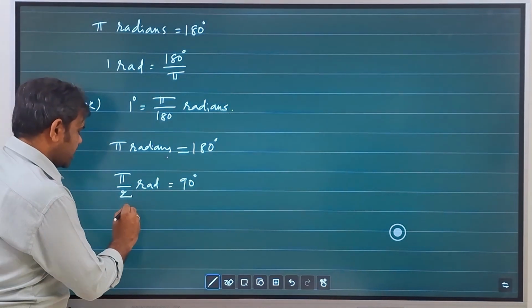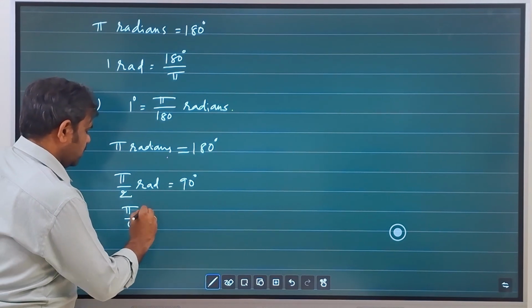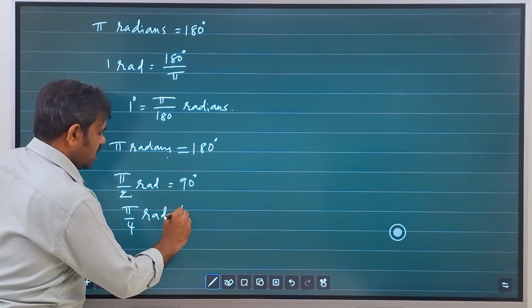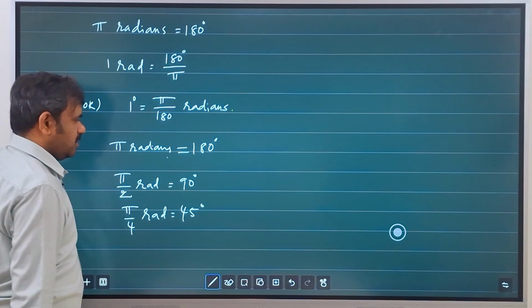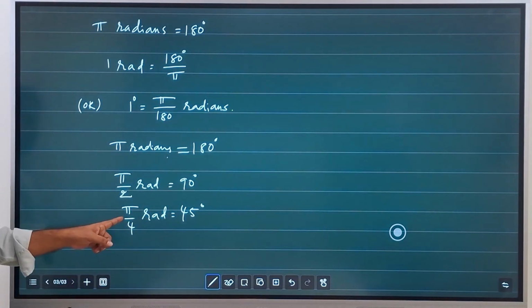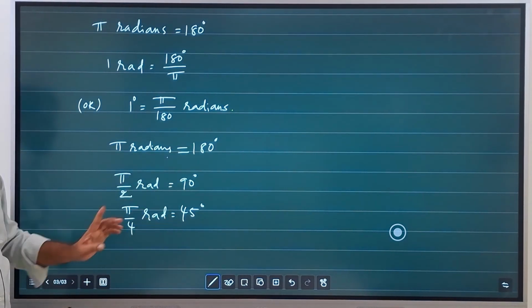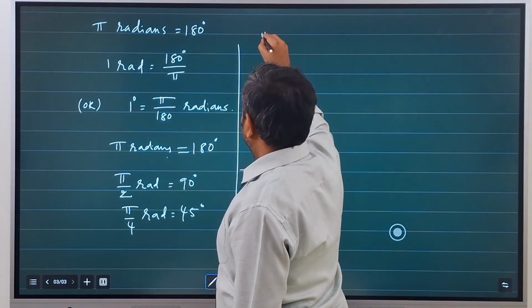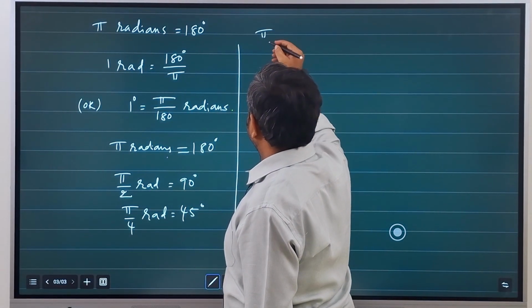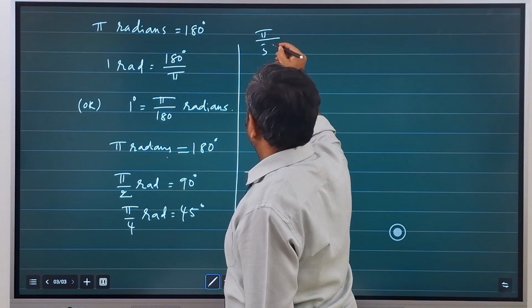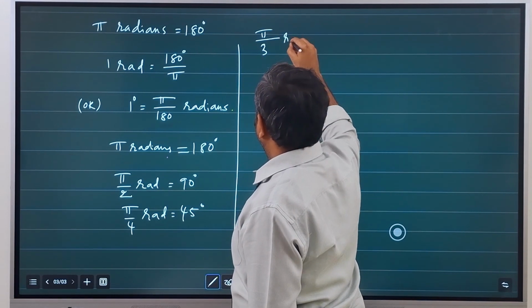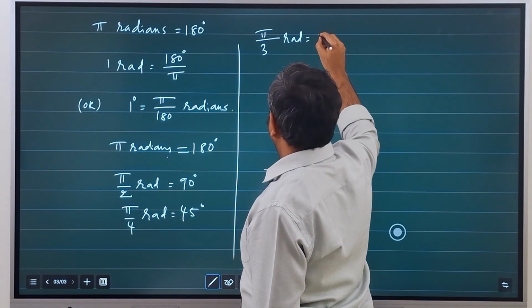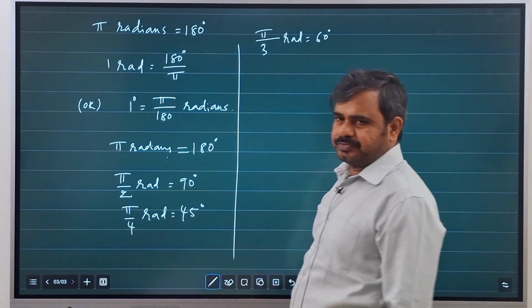Pi by 4 radians is 180 degrees by 4, which is 45 degrees. Similarly, pi by 3 radians is 60 degrees.